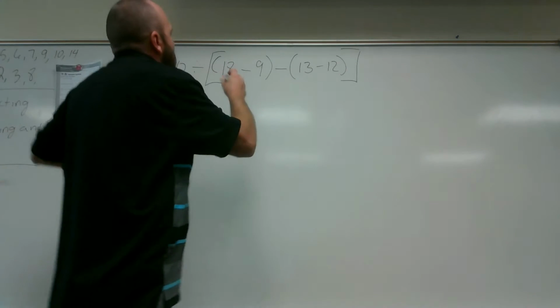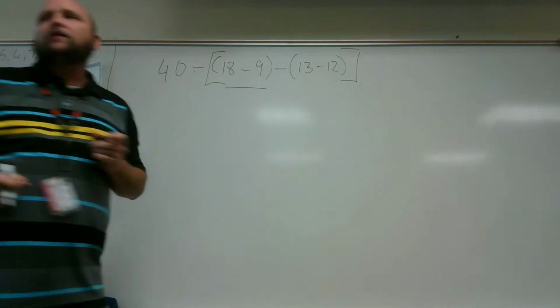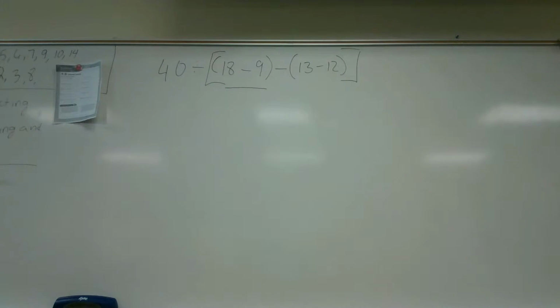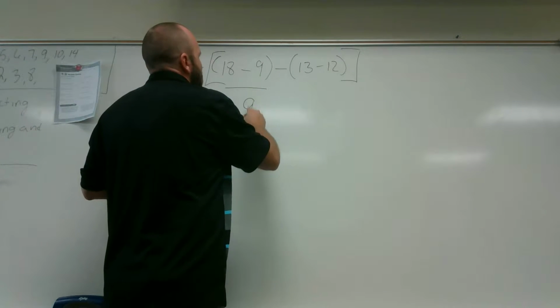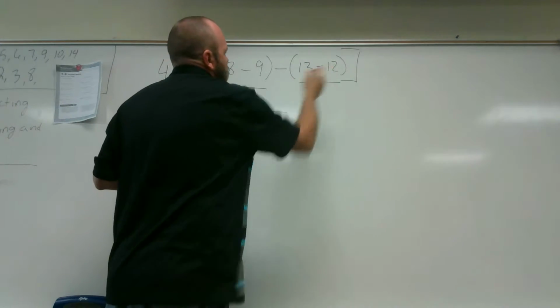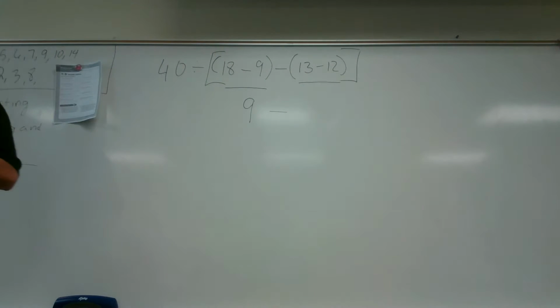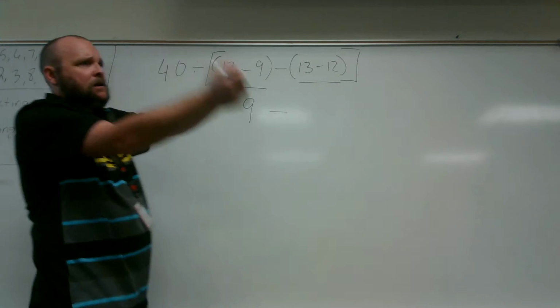So we start with 18 subtract 9, or the difference of 18 and 9, which is what, Katie? 9. Excellent. Then we do our next grouping symbol, 13 subtract 12, which is what, Katie?